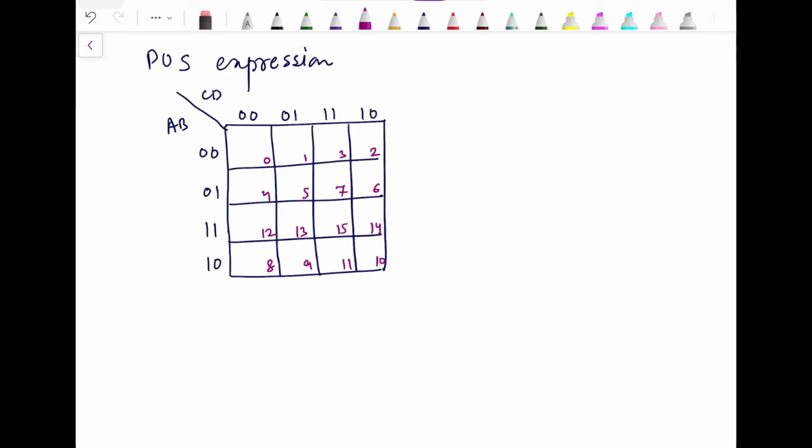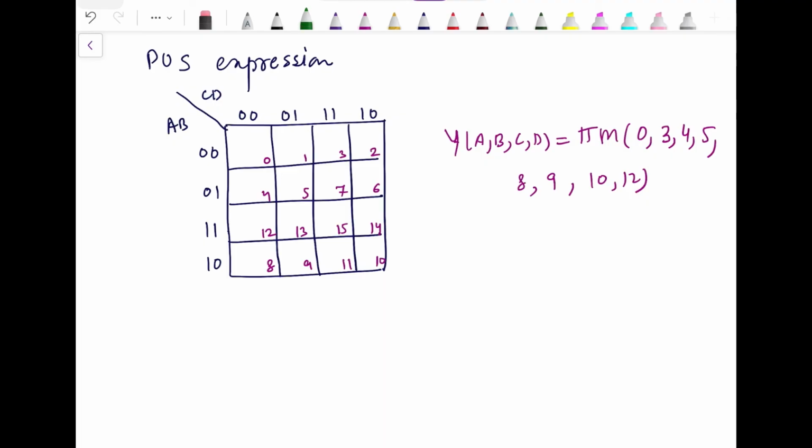So if the expression is given like Y, which is a function of A, B, C, and D, let's say the max terms involved are 0, 3, 4, 5, 8, 9, 10, 12. What it means is that corresponding to these cells, we need to place the zeros because this is given in the form of POS, product of sums.